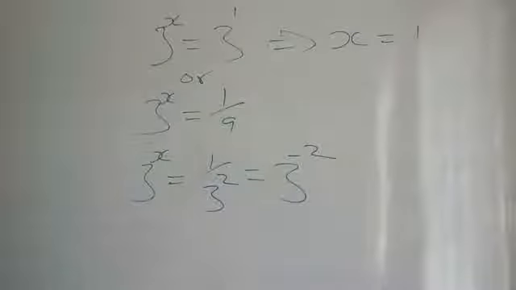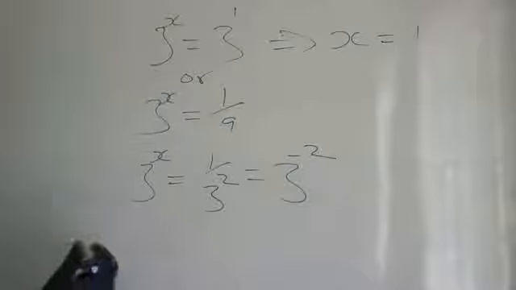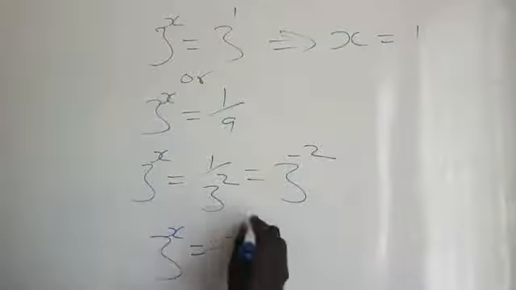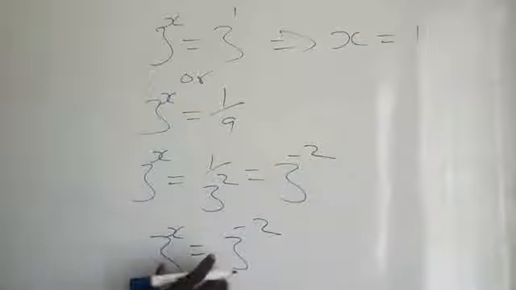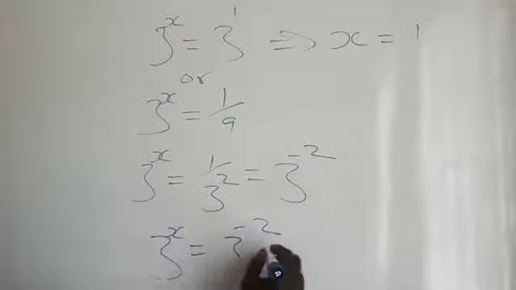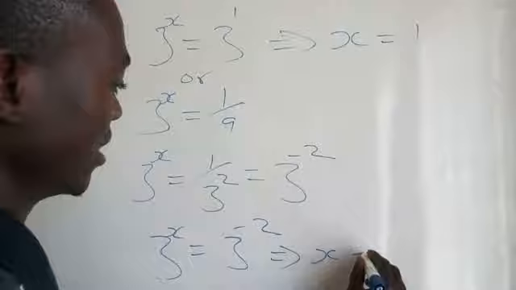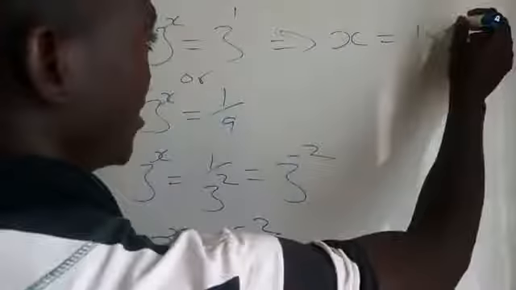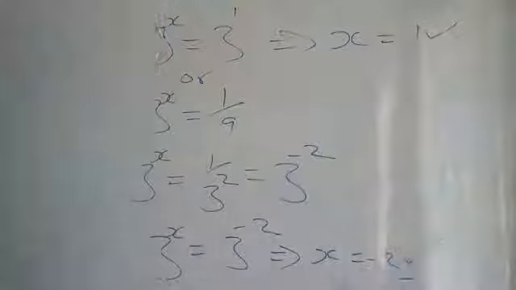Negative indices. So in other words, we have 3 power x is equal to 3 power negative 2. The bases are the same, 3, 3. We equate the power. So x is equal to negative 2. So x had two answers. X is 1 or x is negative 2.